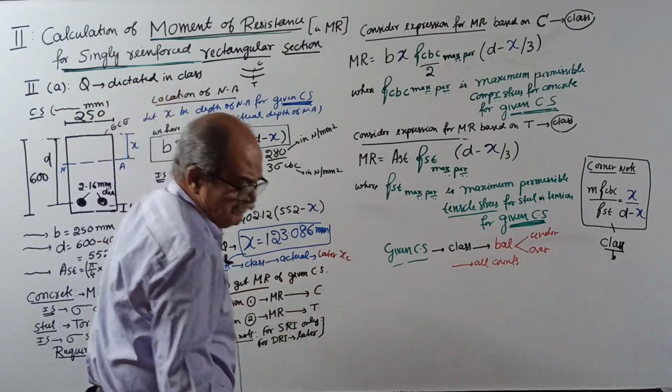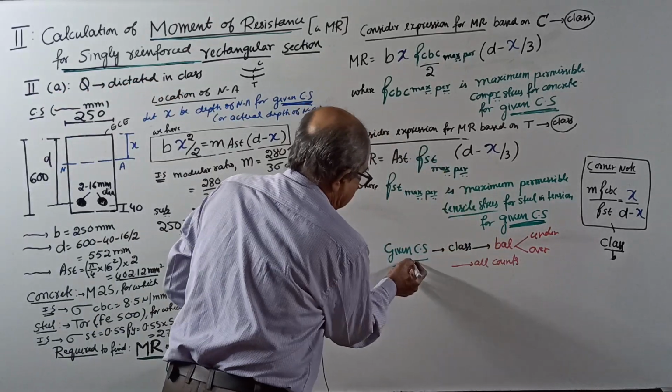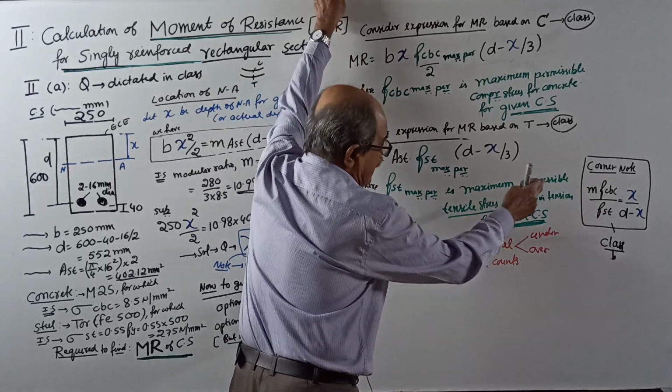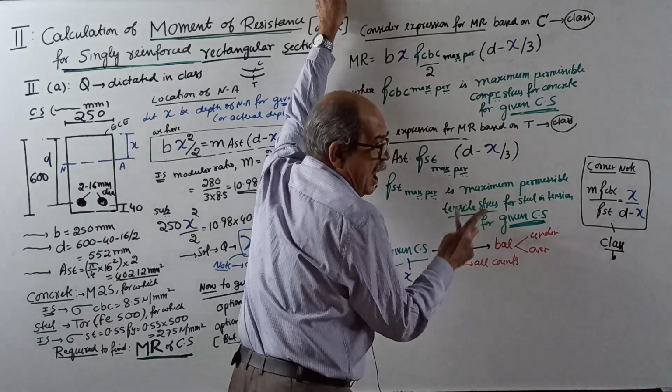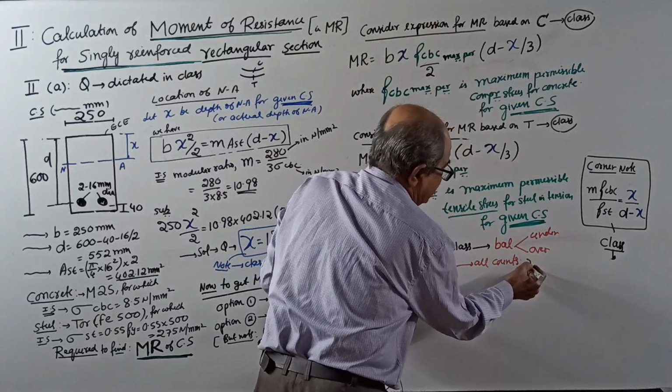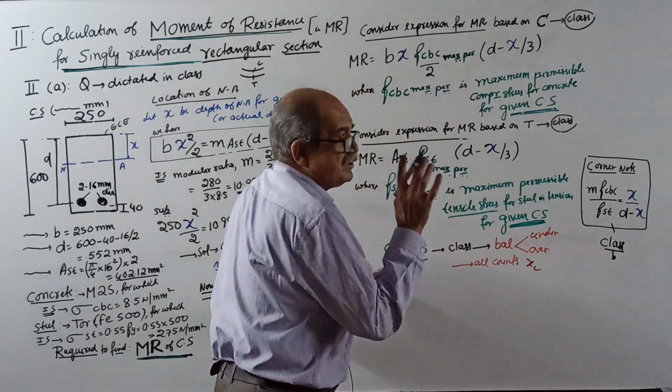For that, the depth of neutral axis is x. Later, for balanced section, under reinforced, over reinforced, all cases, I will use red color, XC. This is only a note.